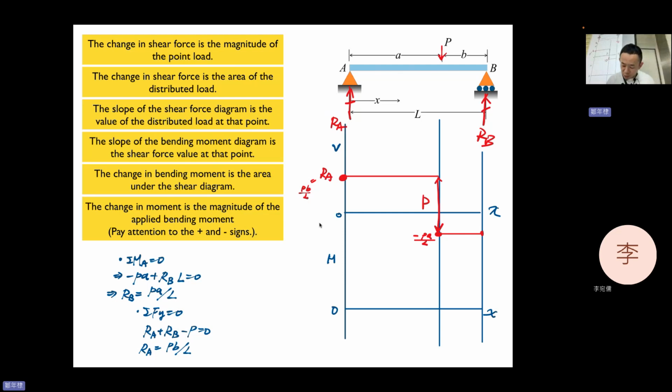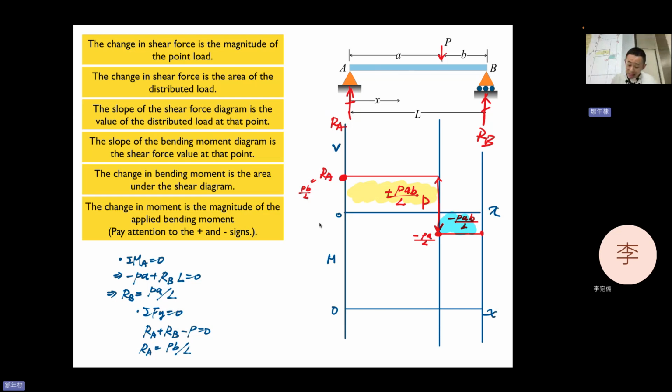Moment, because we only have 2 minutes. I need to be quick, otherwise I will fail. Okay, so next one. The area of the shear diagram will be plus PAB divided by L. And this area is minus PAB divided by L, because we are going to use the area of the shear formula.